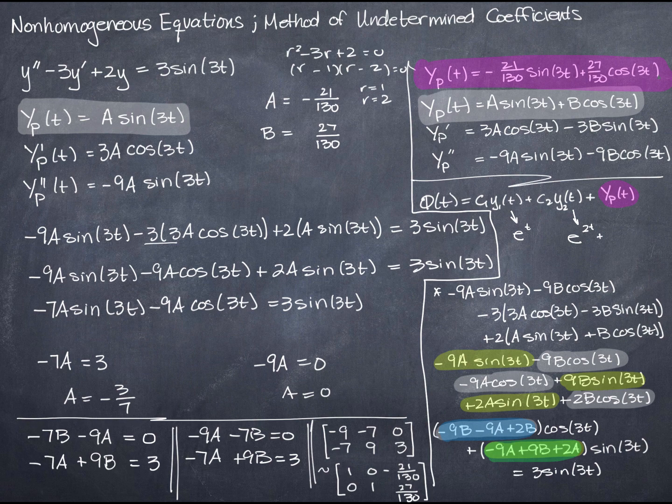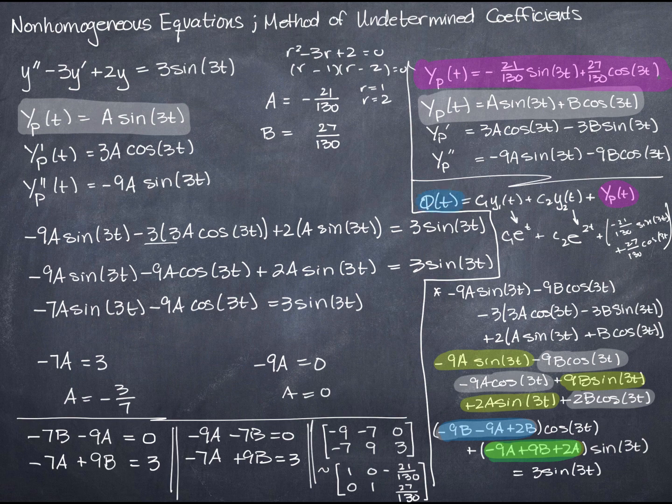And then, of course, I'll have this negative 21 over 130 sine of 3t plus 27 over 130 cosine of 3t. And I have c1 and c2 in front here. That would be my general solution.